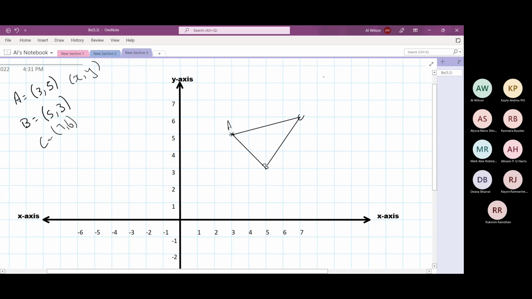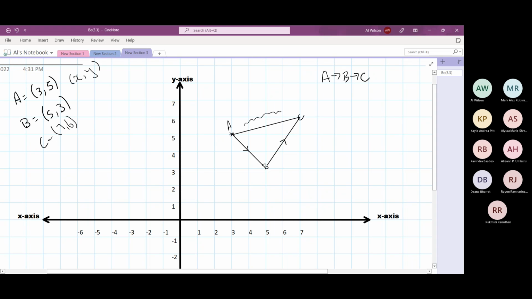So if I move from A, it goes to B, right? Correct? And B goes to C, right? Yes, sir. So all I did is draw a line from A to B, then from B to C. But if I have to connect all the points together now, notice that the alphabet doesn't work here.